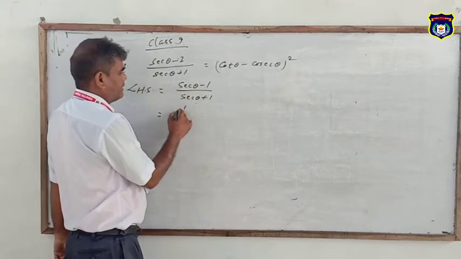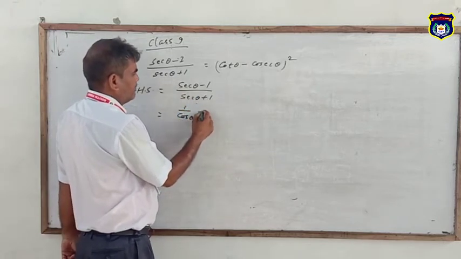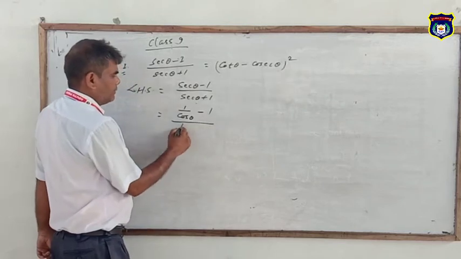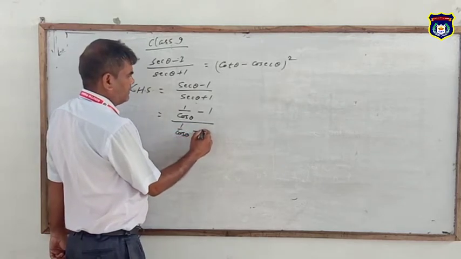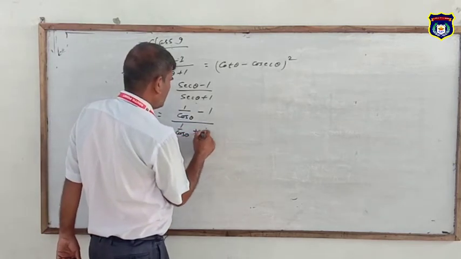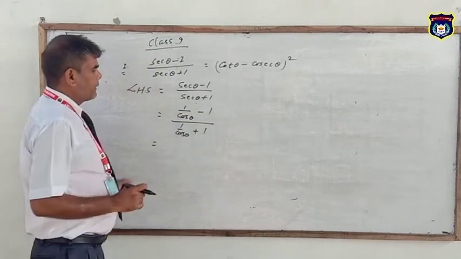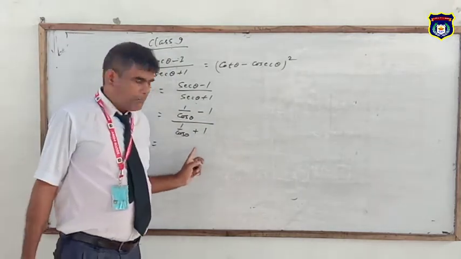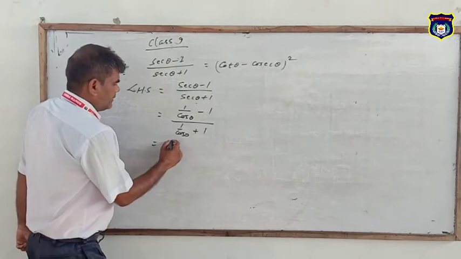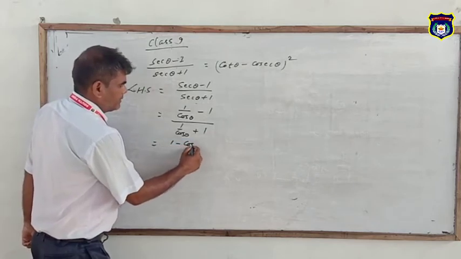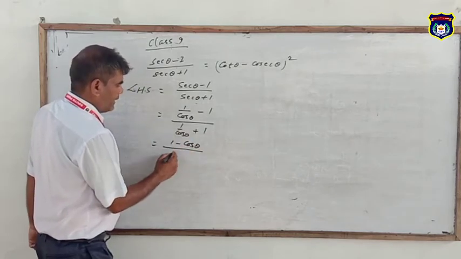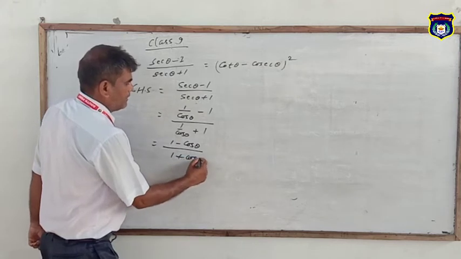Sec theta is 1 by cos theta, so (1 by cos theta minus 1) by (1 by cos theta plus 1), and multiplying numerator and denominator by cos theta. So this is 1 minus cos theta in the numerator and 1 plus cos theta in the denominator.